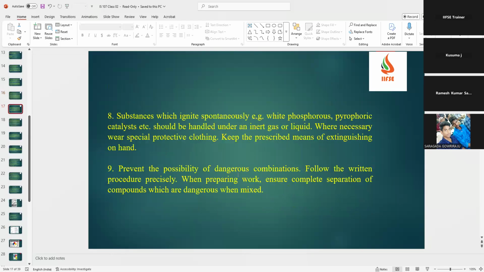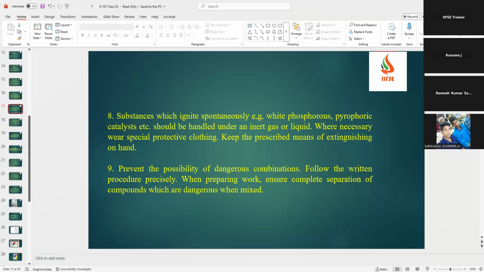Then substances which ignite spontaneously, like white phosphorus or pyrophoric catalyst, should be handled under inert gas or liquids. I'll take an example of sodium also here. Some of the chemicals, even catalyst, we mostly handle under an inert atmosphere, like nitrogen, or we can use argon, though mostly we use nitrogen to create an inert atmosphere.